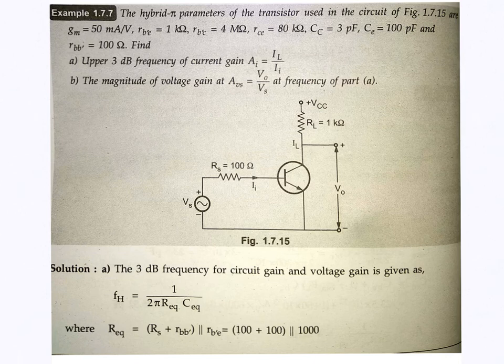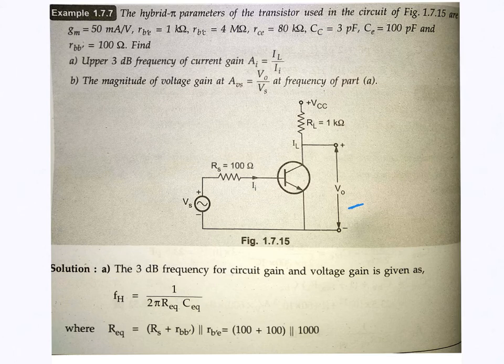In the question he has given one circuit. What he is asking is the hybrid pi parameters of the transistor within the circuit given below. He has given some values of the circuit: gm is 50 milliampere per volt, rb'e 1 kilo ohm, rbb' 100 ohm, rce, Cc, Ce and rb'e.